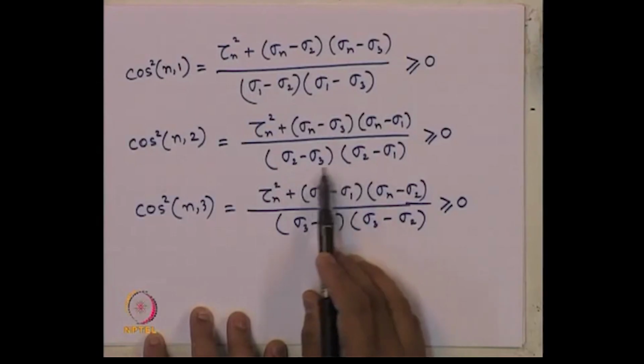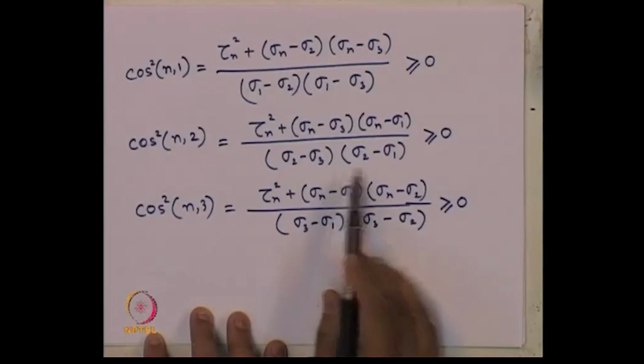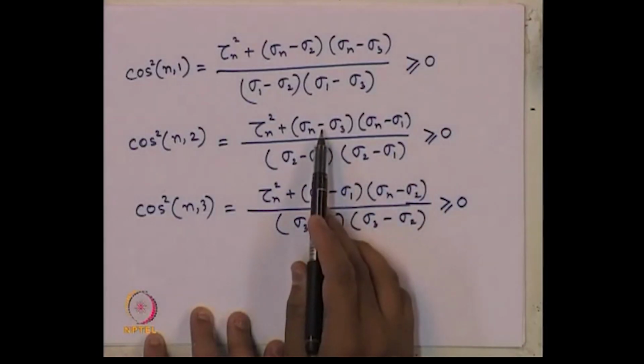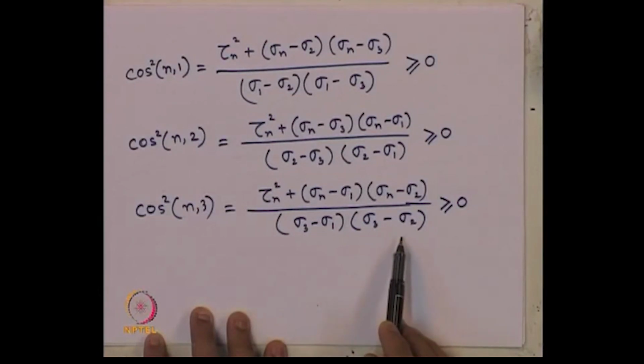So, this product is negative. Okay? So, to obtain this as positive, this also must be negative. Whereas, this one, sigma 3 minus sigma 1, will be negative, sigma 3 minus sigma 2 will also be negative, but the product will be positive. So, no problem, we will get a positive.